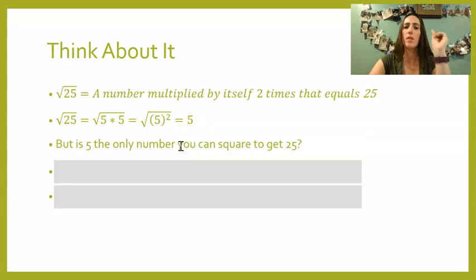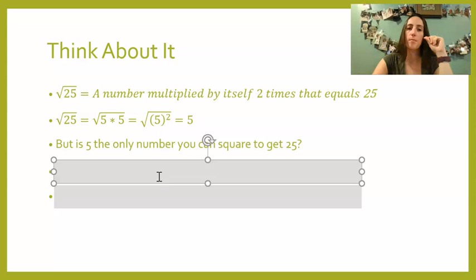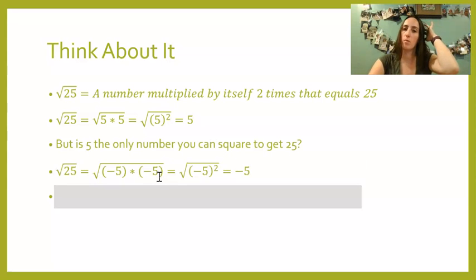However, something to think about, is 5 the only number that you can square to get 25? What this begs is, what about this? Square root of 25 can also be broken up into the square root of negative 5 times negative 5.